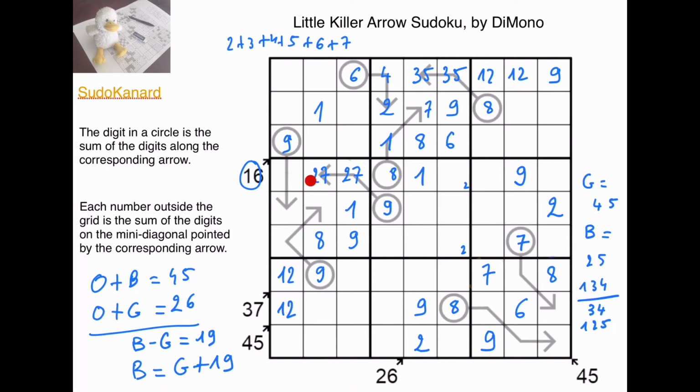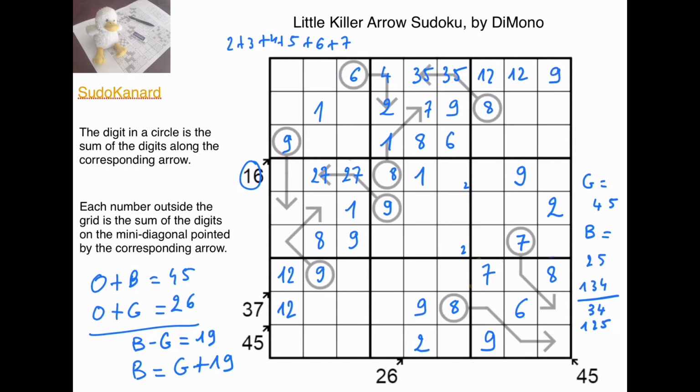And there we need somewhere 4 plus 5, somewhere 3 plus 6. And I don't know how to decide for the moment.